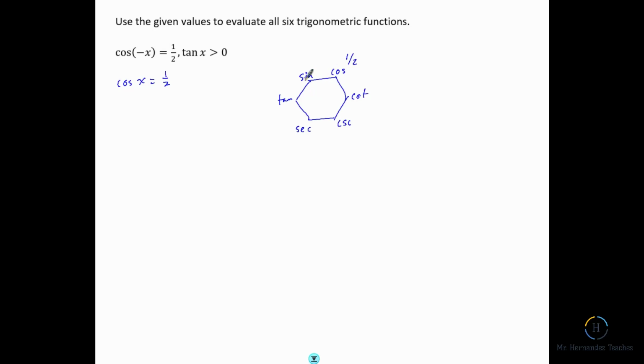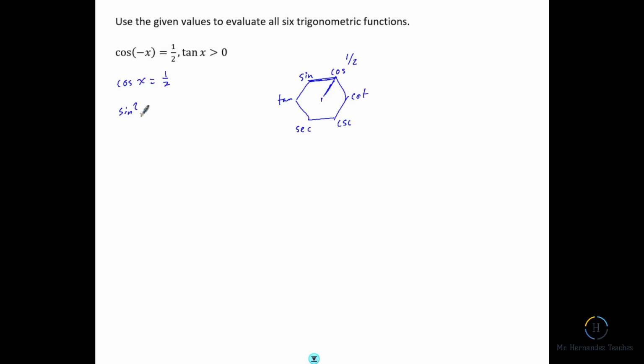Well, how am I going to get anything else? There are a couple ways I could go about this, but the first way that I think about is I can use a Pythagorean identity.